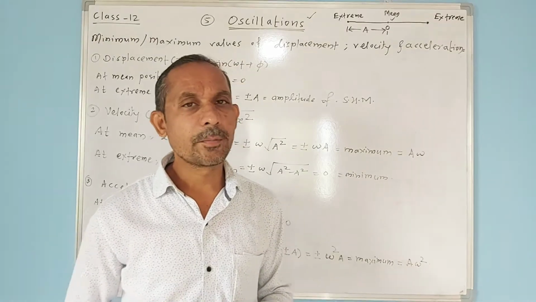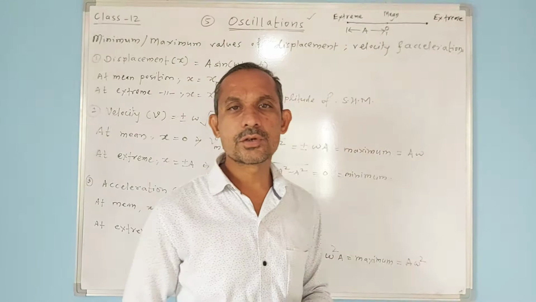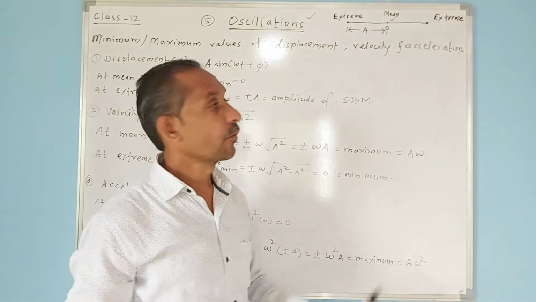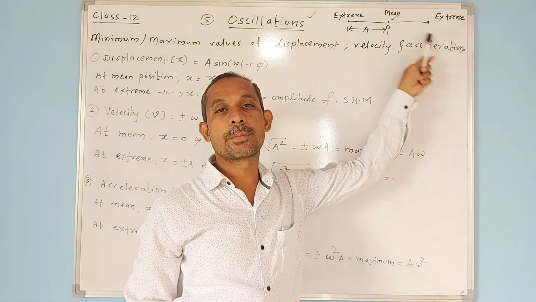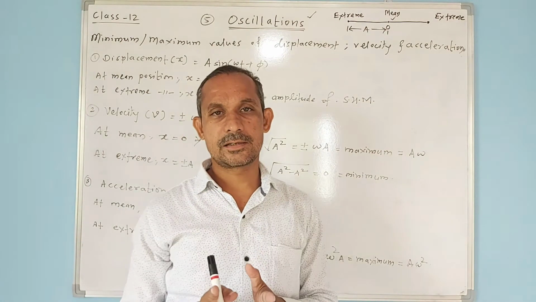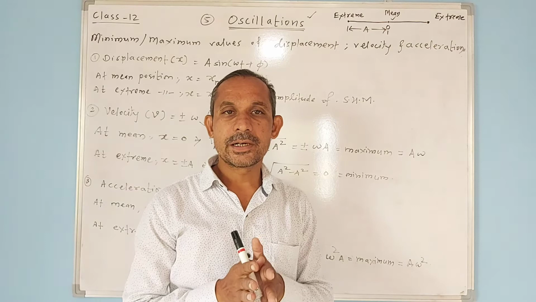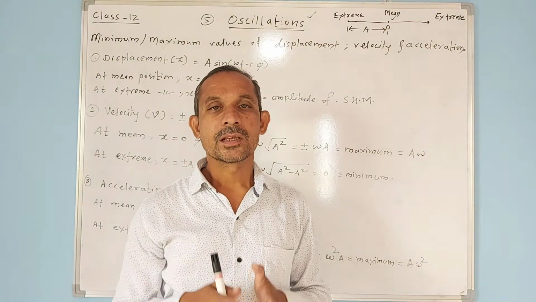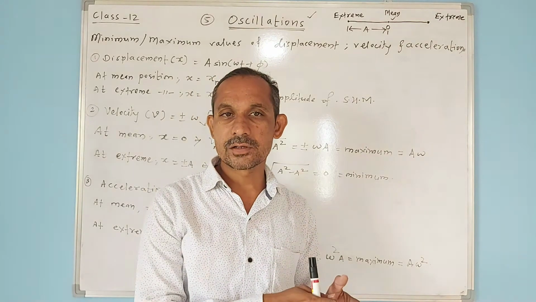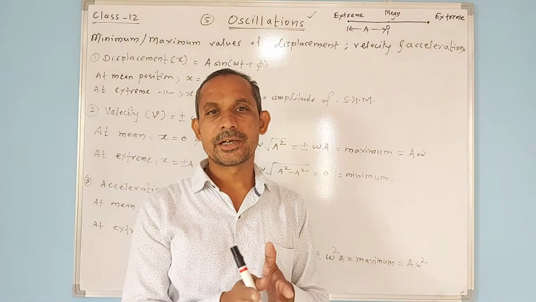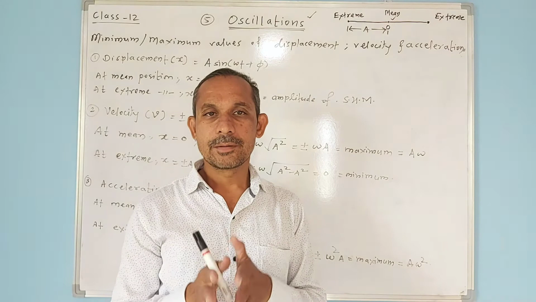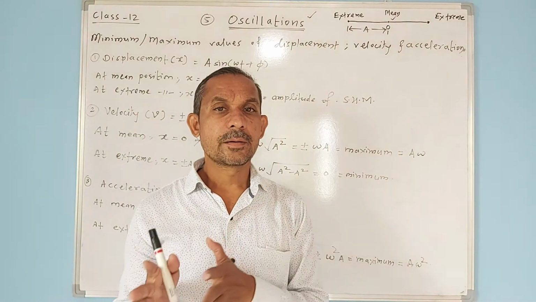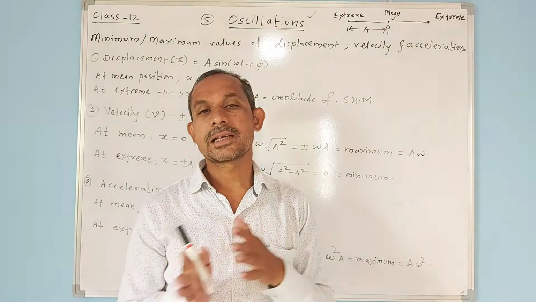When a particle performs a simple harmonic motion, it attains minimum displacement and maximum displacement at different positions. Similarly, minimum velocity, maximum velocity, and the intermediate velocities. Similarly, minimum acceleration and maximum acceleration.